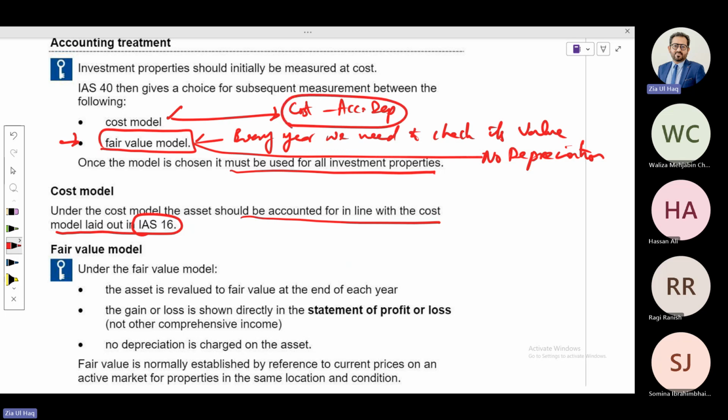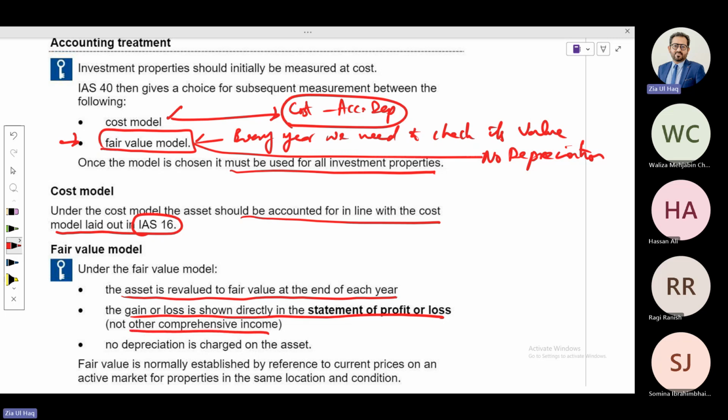Cost less accumulated depreciation. Under the fair value model, the asset is revalued to fair value at the end of each year, meaning every year, and we need to check its market value. The gain or loss is shown directly in the statement of profit and loss account, not in other comprehensive income.